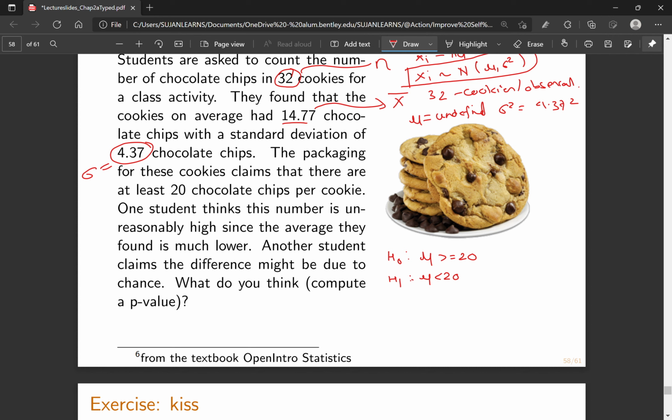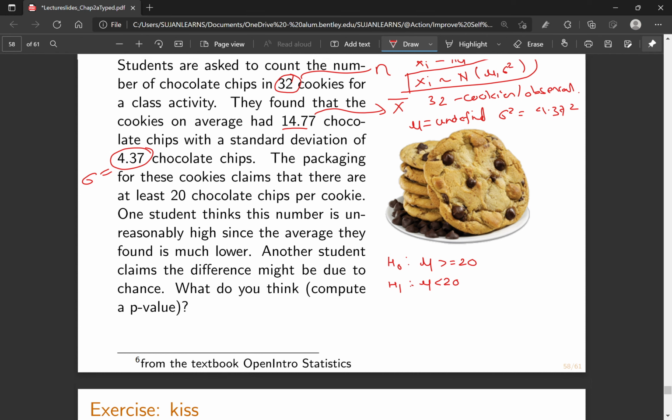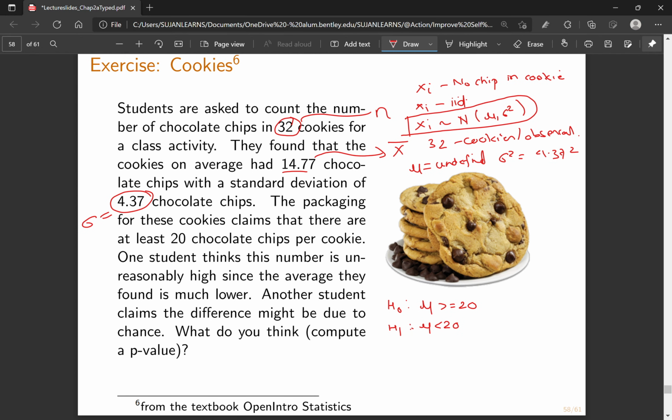It is a one sample test, isn't it? So this is my test, and we have x n bar as 14.77.